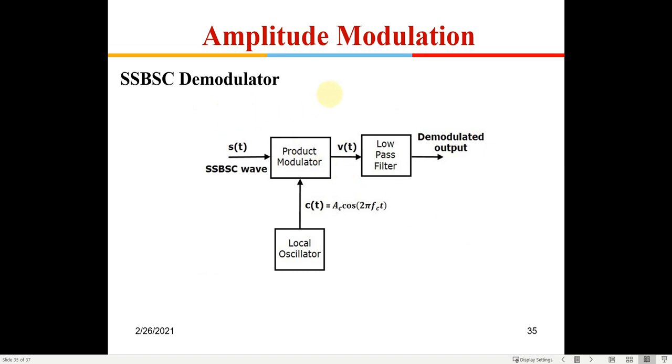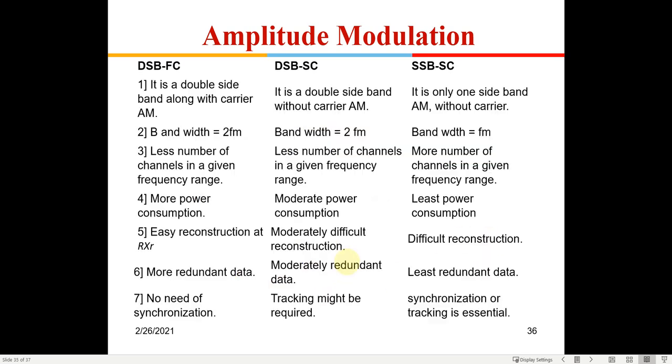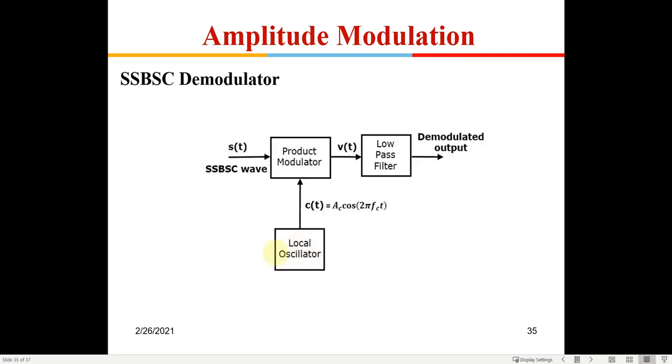In the demodulator, again it is very critical to have a local oscillator which has got the exact phase. Otherwise this is going to create a lot of noise. So you need a local oscillator which is exactly in sync with the data which is being transmitted. Here there is no way that we can generate the local oscillator signal from this signal, so you have to have a separate scheme where the local oscillator is totally synced.